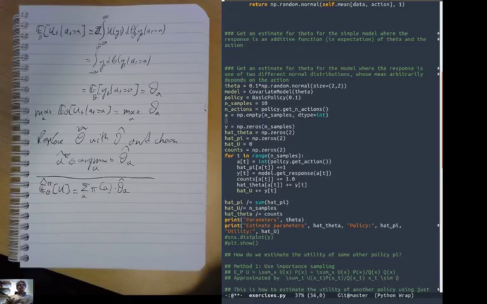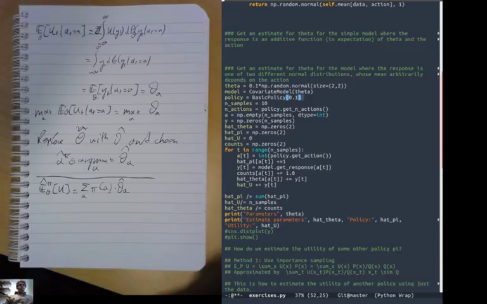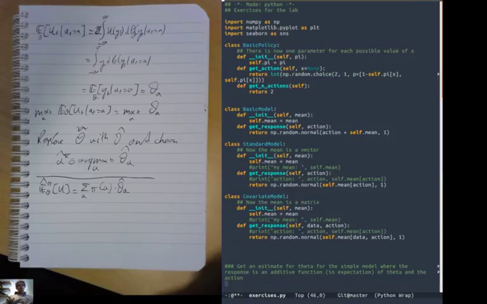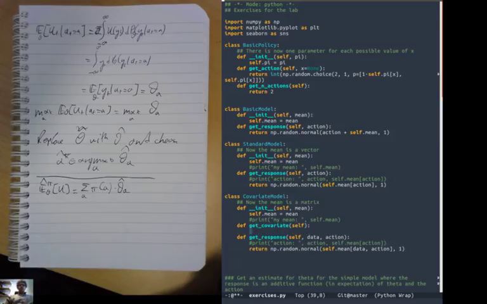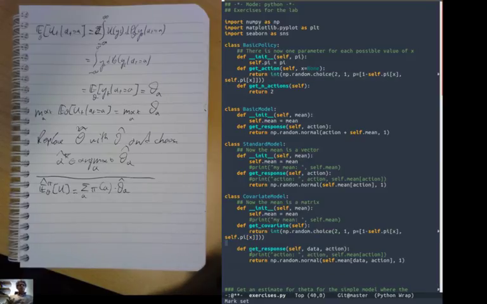Let's say that this one also generates the covariates. And let's say they have equal probability, maybe.